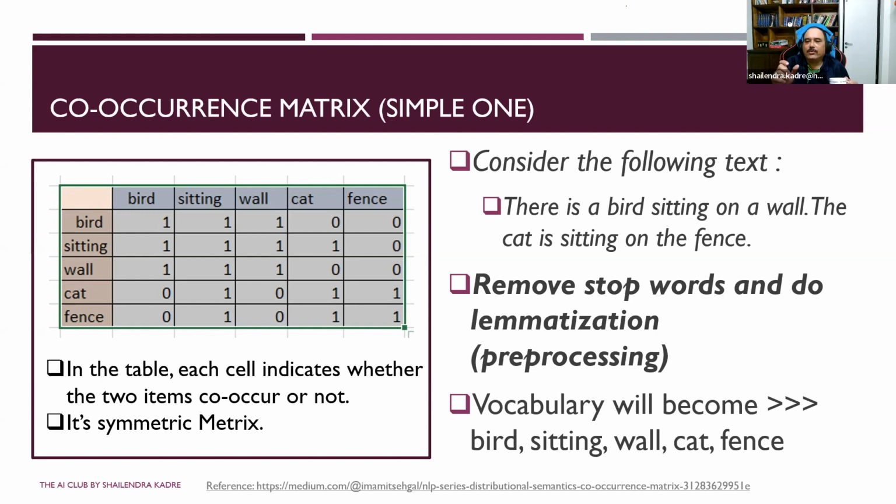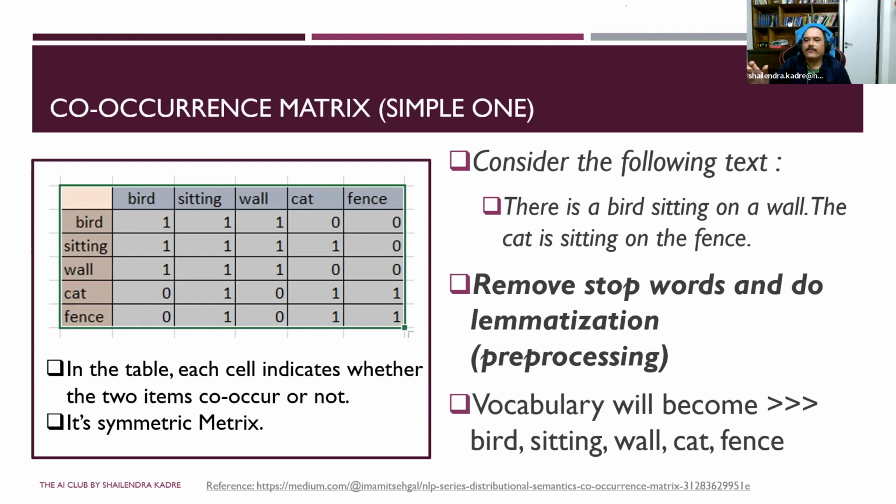After that, we do stop word removal, all the syntactic pre-processing, and lemmatization also. With all pre-processing done, we are left with the vocabulary, which is our bag of words. From the first sentence we are left with bird, sitting, wall, because there, is, a, and on are stop words.